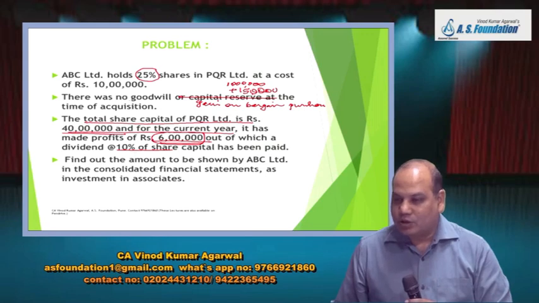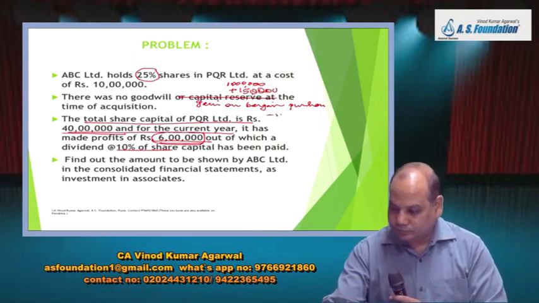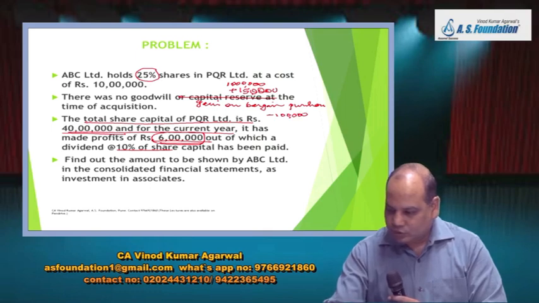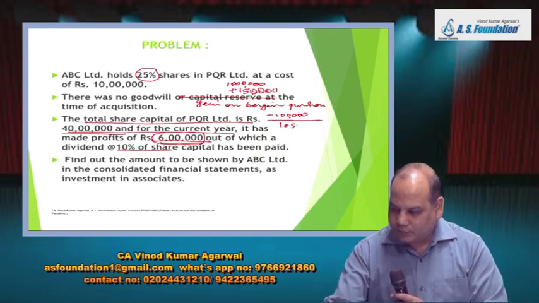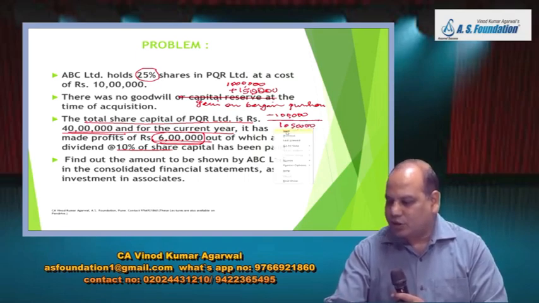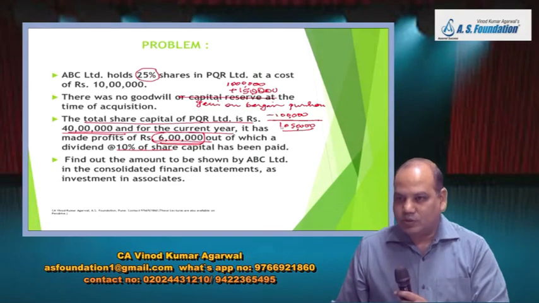But your share is only 25%. Into 25%, how much dividend was received? Minus 1 lakh. So the carrying amount of the investment would be 10,50,000 for IAS 28 purpose. Is it right? You want to solve one more problem?